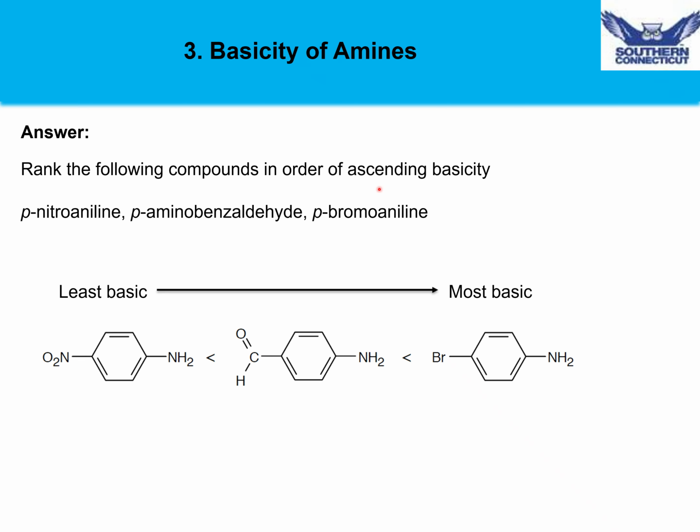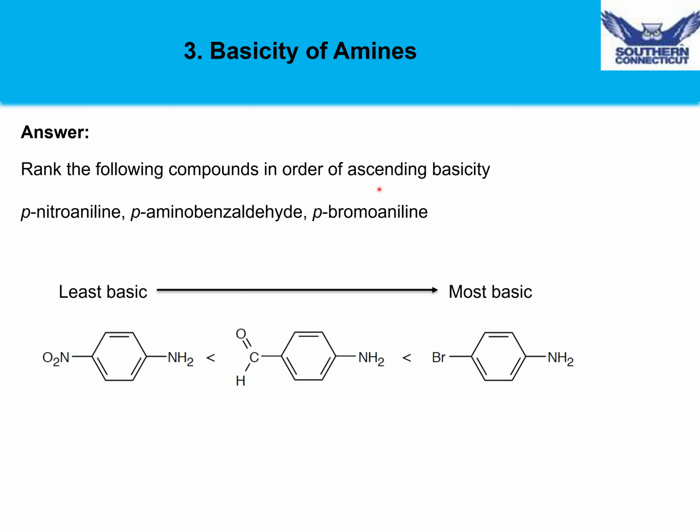Aldehydes, like most typical carbonyls, were considered moderate deactivating groups. In other words, they're stronger electron withdrawing groups than halogens. And we also talked about nitro groups, which are strongly deactivating in terms of electrophilic aromatic substitution, which means they're very strong electron withdrawing groups. So that sort of gives us a hint in how to answer this question.